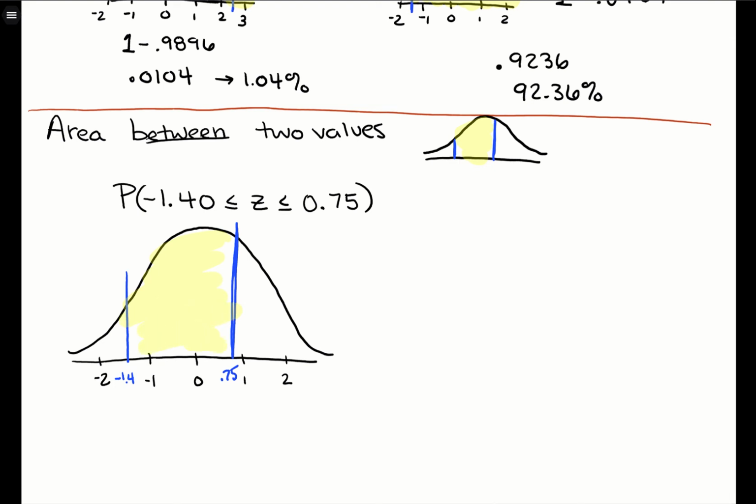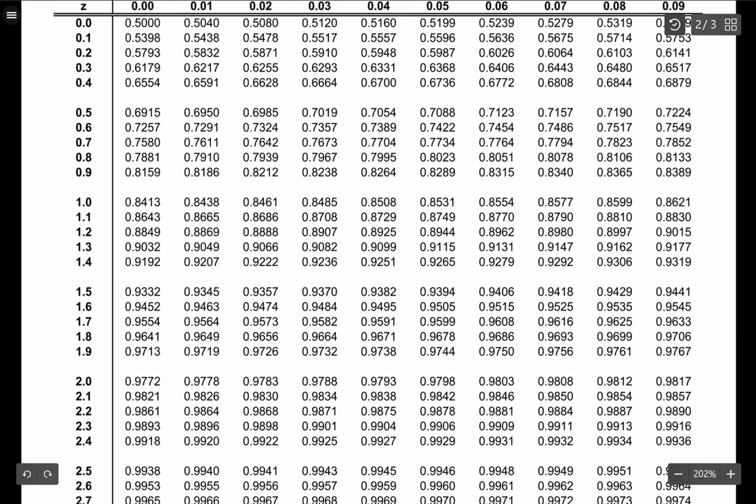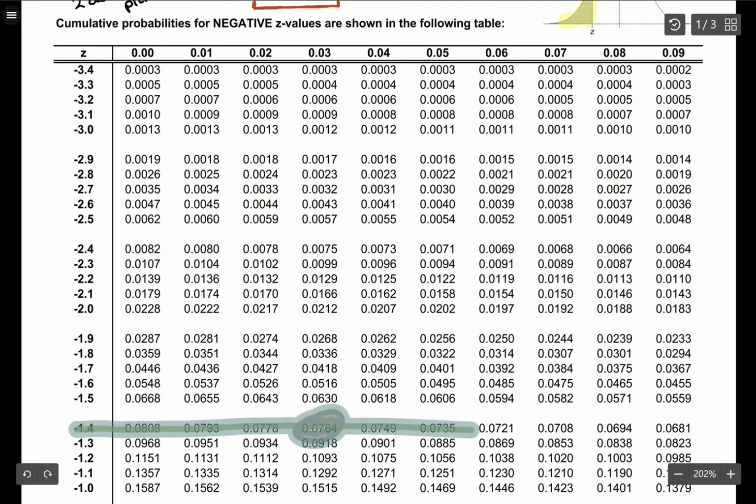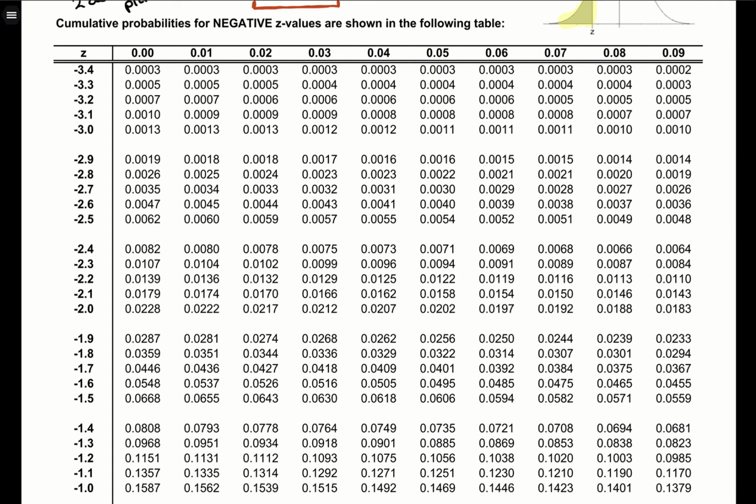So what we can use here is we have two numbers, and we will end up looking at both numbers on the table. And when we look at the numbers on the table, they'll give us the areas to the left. So in fact, let's grab those numbers. Let's grab the number that matches up with negative 1.40. So if we're just grabbing this value for the probability of being less than or equal to negative 1.40, going to our table, we'll be at that negative 1.4, and then we want the 0 value at the end.